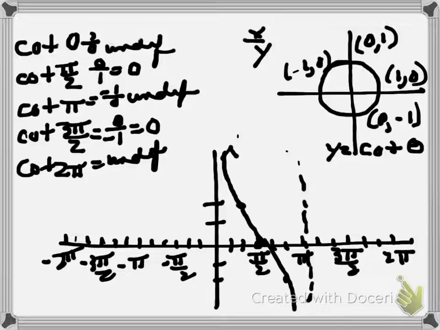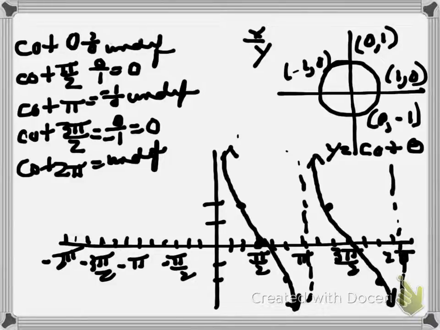So it's going to come down this way. And then halfway in between, it's going to be 1. Halfway in between, it's going to be -1. So it's going to come down to 0, and then it's going to go down to undefined at 2 pi.